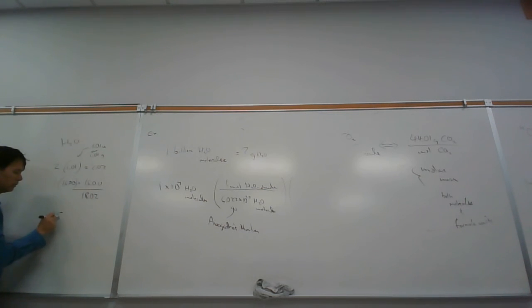Now this 18.02, we have two choices. We could call it 18.02 U per molecule of water. Or we could call it 18.02 grams per mole of H2O molecules. And a molecule and a mole are two different things. A mole is just a number. A molecule is usually individual.